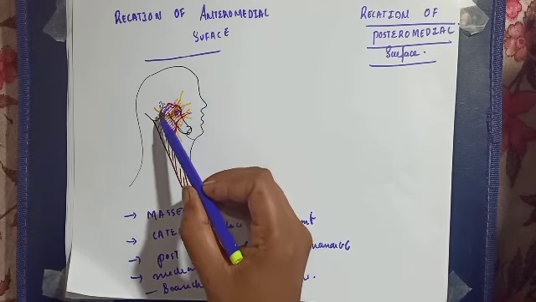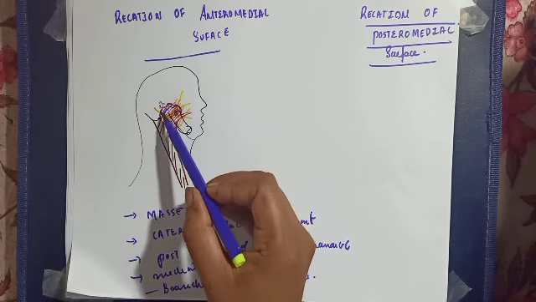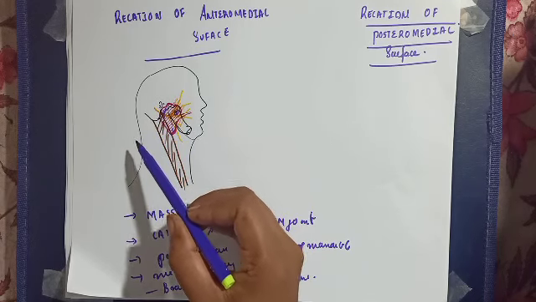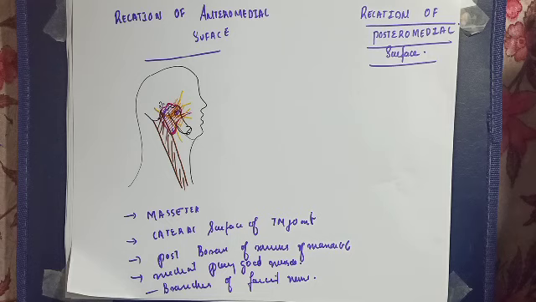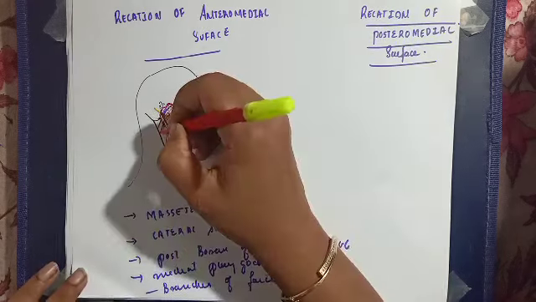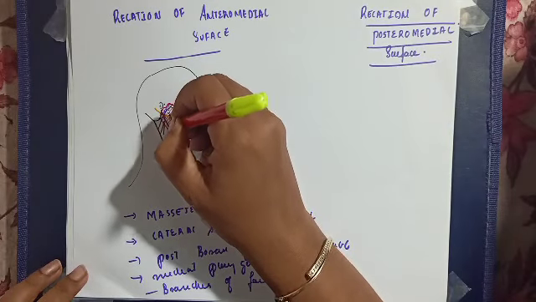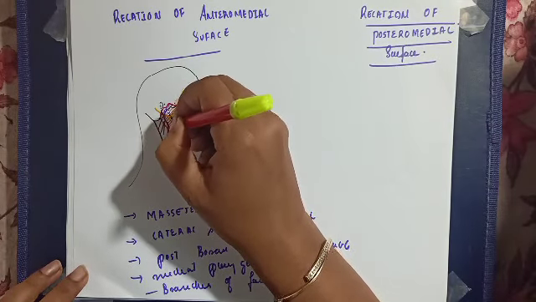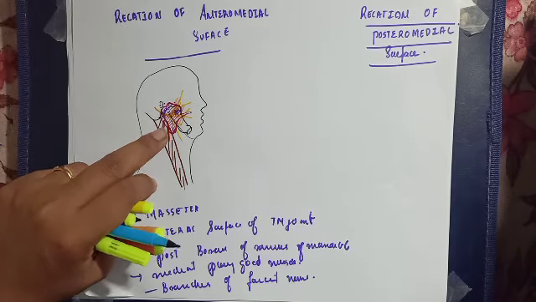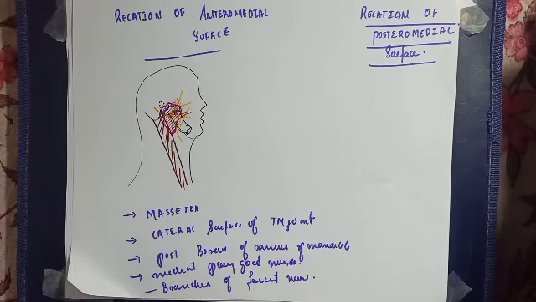So the styloid process and the structures which are attached to it also hold its relations. Now there is also one structure which is passing into the gland through this surface, that is the external carotid artery. It is passing into the gland through the posteromedial surface.